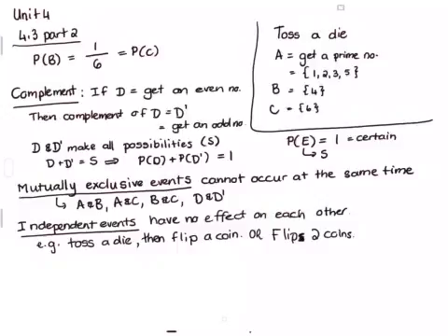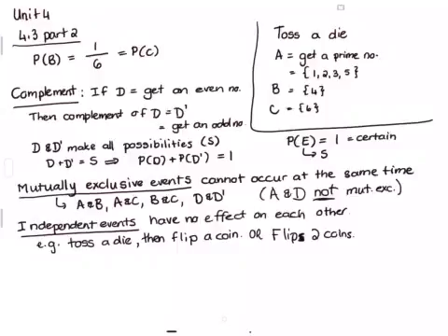So A and D are not mutually exclusive, because remember D was get an even number, but there are even numbers in A. 2 is an even number.